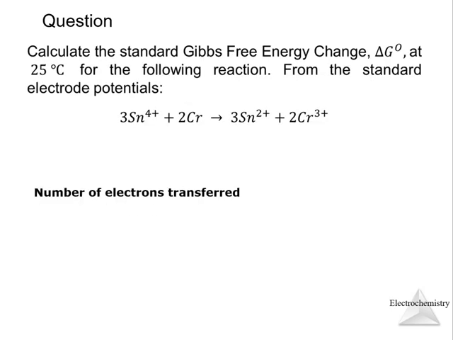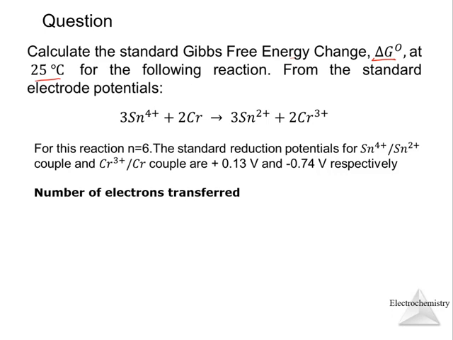All right, let's look at an example. Calculate the standard Gibbs free energy change at 25 degrees for the following reaction from the standard electrode potentials. Okay, so from here, if you use the standard reduction potential, for this it will be 0.13, then for chromium it will be minus 0.73.